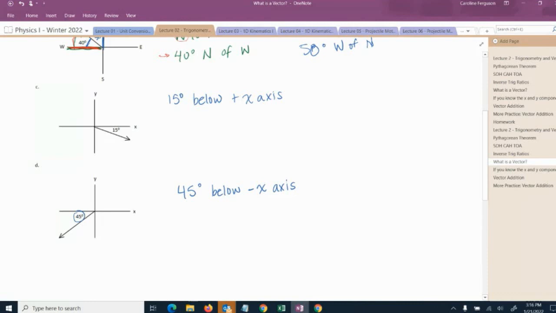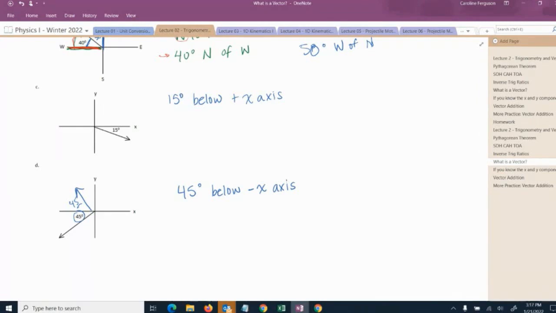Okay, wait. What if it was in the positive y direction? So if it was like this, right? How would we say that one? Let's say it was still 45 degrees. What would the difference be? What's the one word that has to change? Yeah, good, above. It would be 45 degrees above the negative x-axis instead of saying below.